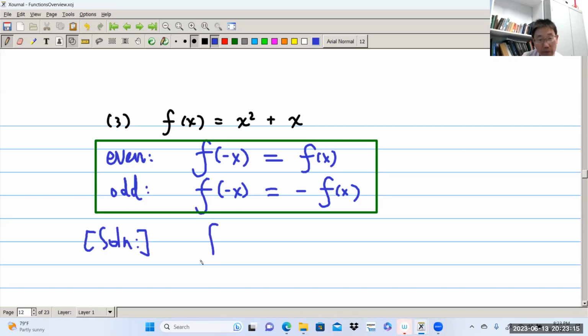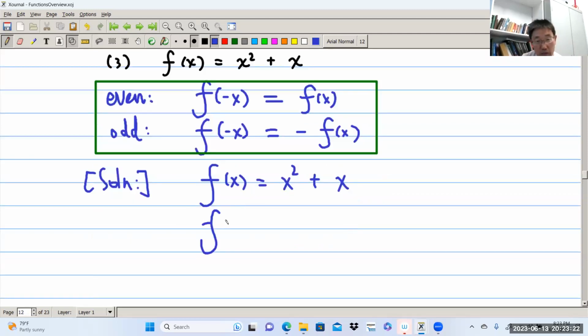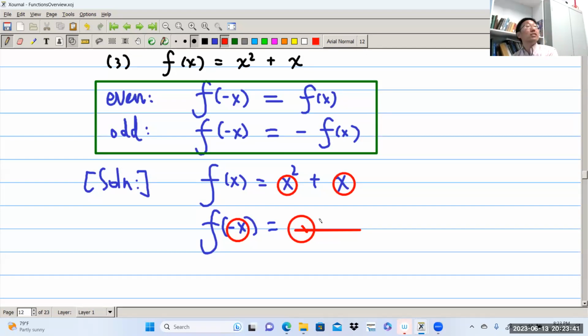So here, my f of x is x squared plus x. If I change the input to the opposite, what do you get? Remember, x is simply a placeholder. So when you have x as the input, you get x squared plus x. If I use negative x as the input, then you should have this negative x squared plus this negative x. So basically just replace x by negative x.